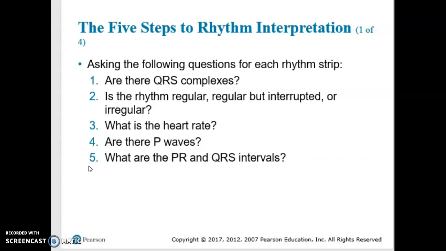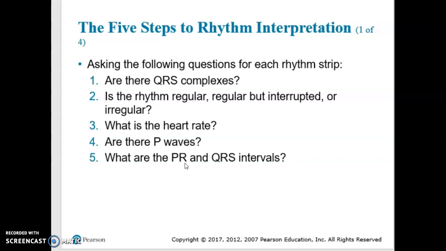All of these intervals, we have a set of normals, and you need to know and remember what those normals are so you can determine when you're looking at the PR interval and the QRS intervals, are they too wide, are they too short, what's going on here? So we have to know our set of normals, but this is the 5th step. We're going to determine if these PR intervals and QRS intervals are normal.